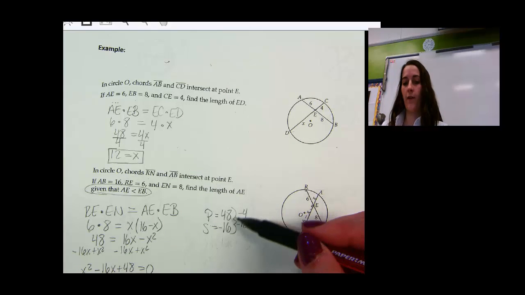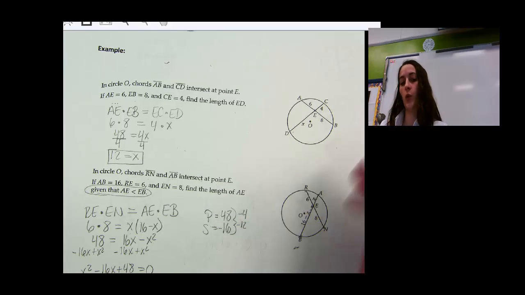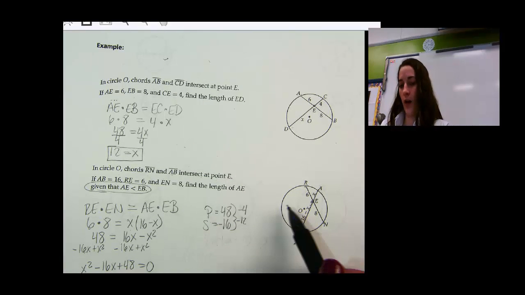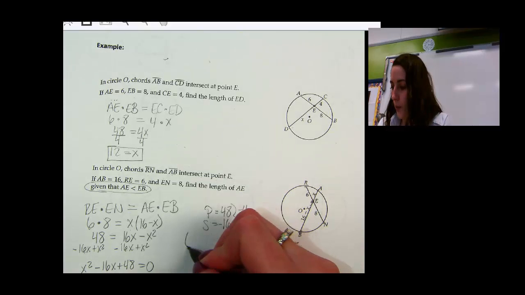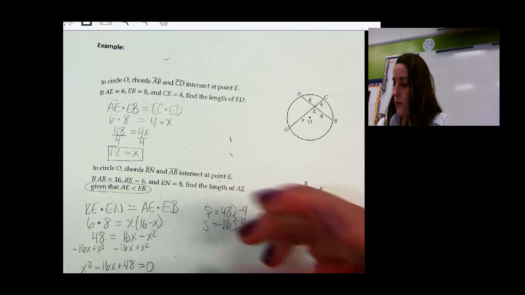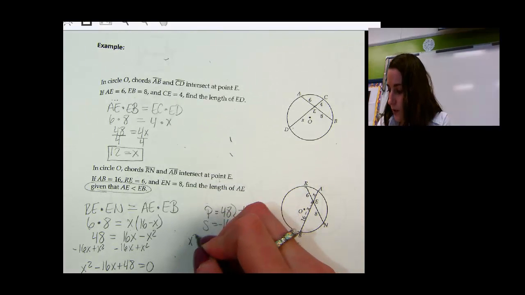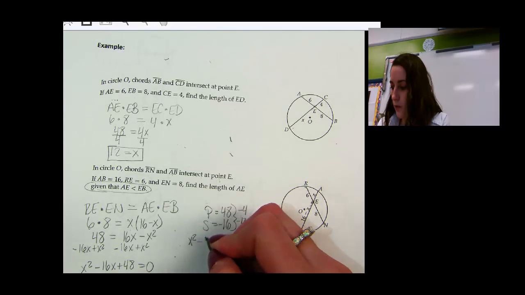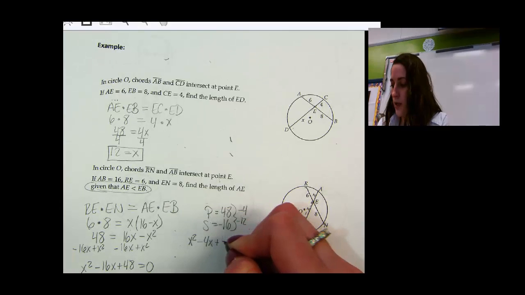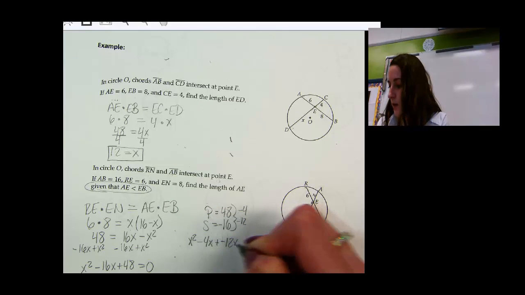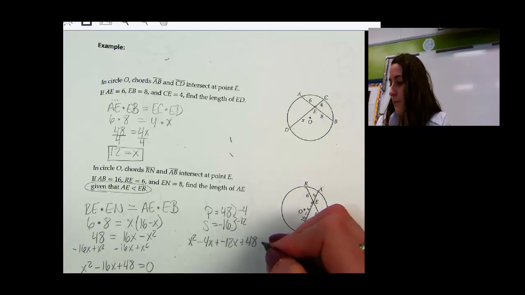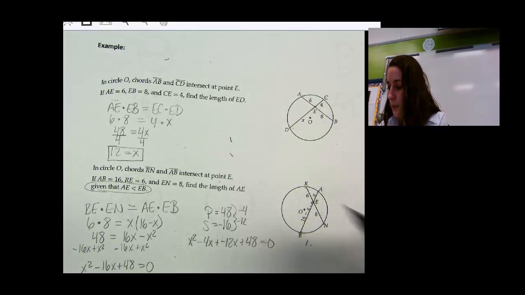Okay, so now that I have both of my factors, I'm going to rewrite my equation in terms of my new factors. So I'm going to get x squared, rewriting in terms of b, minus 4x plus a negative 12x plus 48, and that's going to be equal to 0.